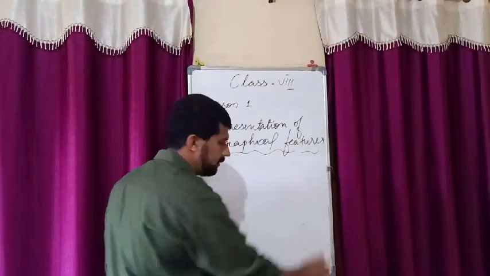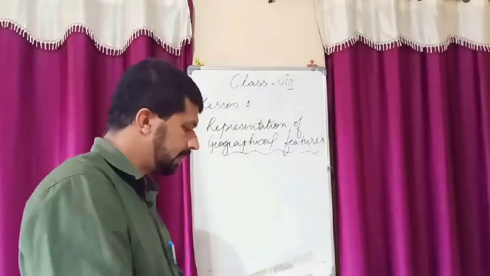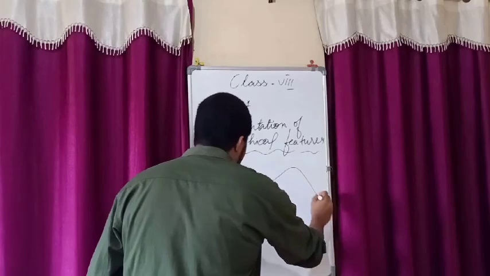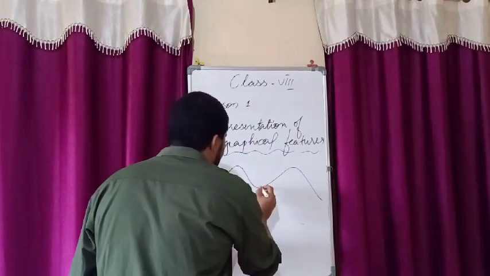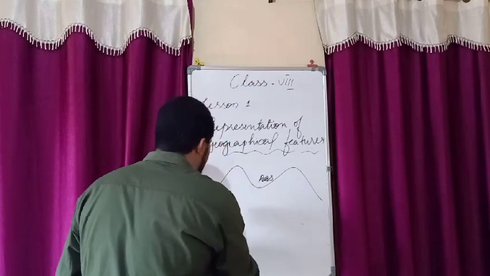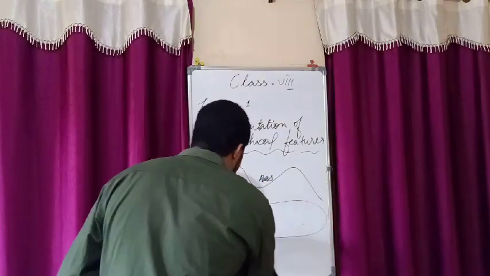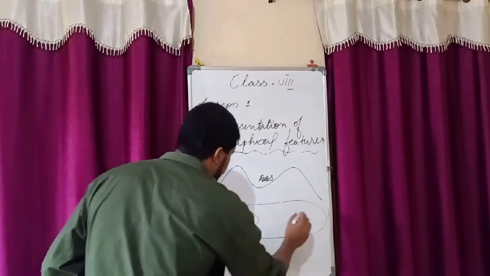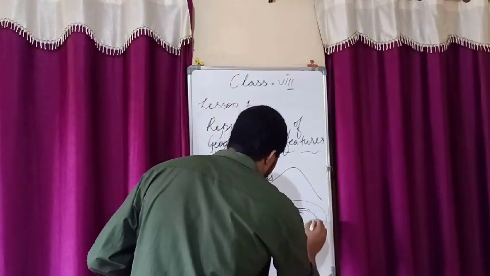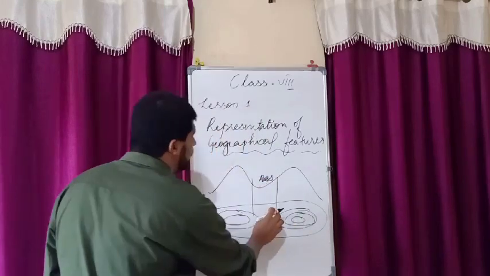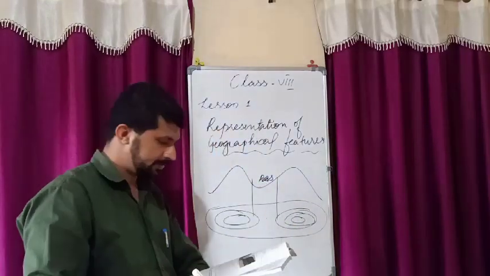Let us see what a pass is. A pass can be identified in this area. So it can be represented by using contour lines. So this is identified as a pass.